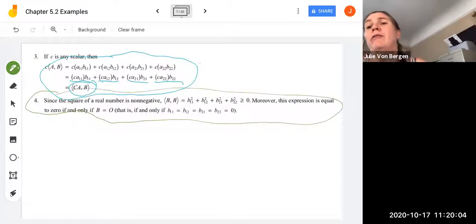Well, we know the square of a number is going to be non-negative. So these are just all the components of B squared, if we inner product B with itself. So we've got the greater than or equal to 0 property, or non-negative property, met. And the only time you're going to get 0 here is if each component of matrix B is 0. And so that's only true if B itself is the 0 matrix, where each component is 0.